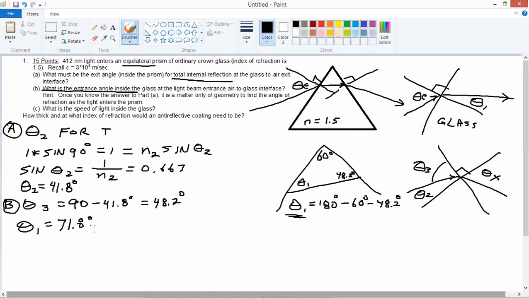Okay. And now finally, speed of light inside the glass. Well, we can calculate the entrance angle. Let's just do that. Some of you may think that you have to get this far. It's just application of Snell's law. So n1 sine theta 1. In this case, we'll take this to be the entry, and n1 is 1 equals index of refraction inside the glass times sine theta 1.